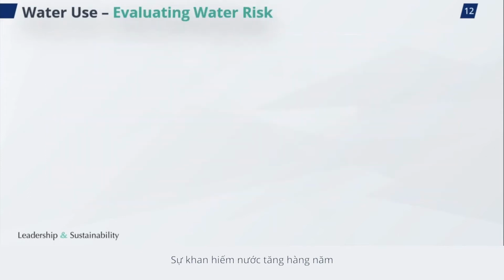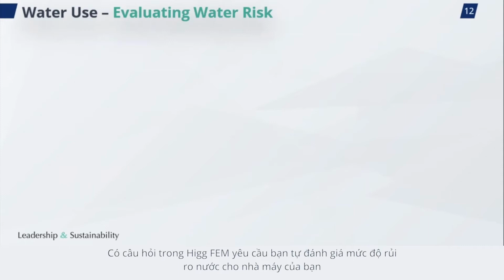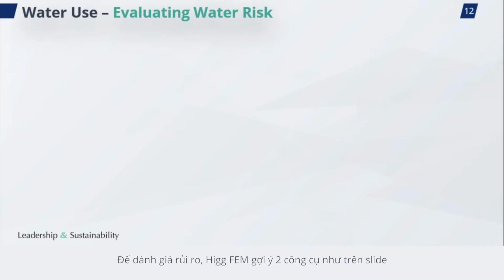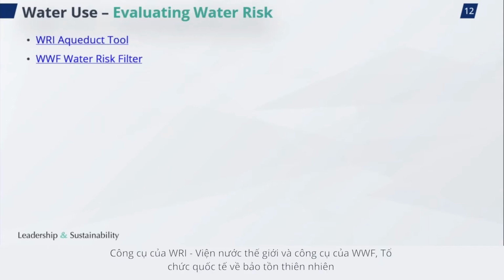And there is a question in the Higg FEM where you should also evaluate your water risk. In order to do so, the Higg FEM asks you to use one of the two tools that you can see here: the WRI, the World Resources Institute, and their Aqueduct tool, or the Worldwide Fund for Nature and their Water Risk Filter.